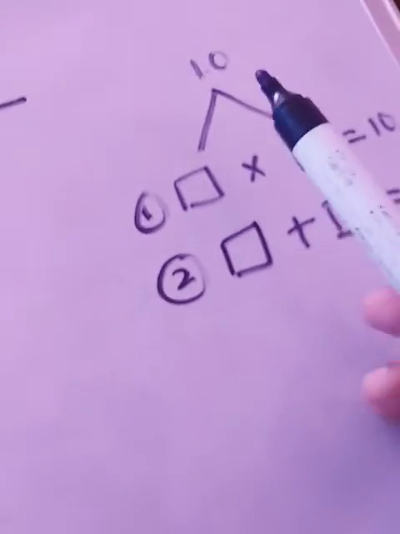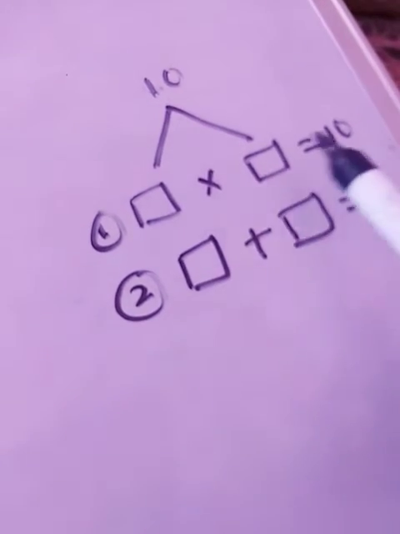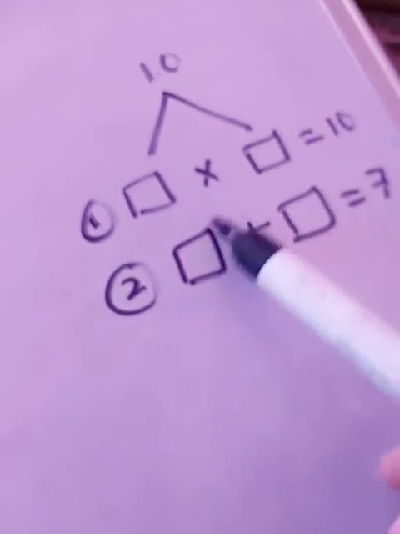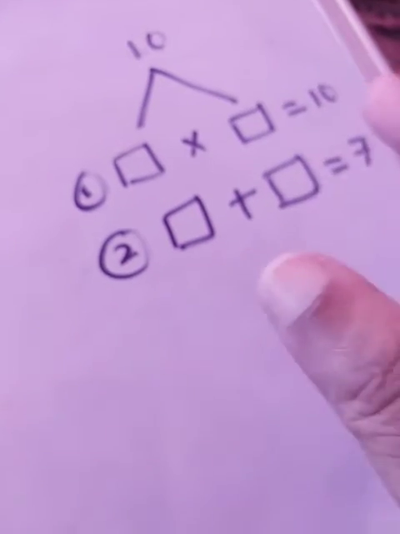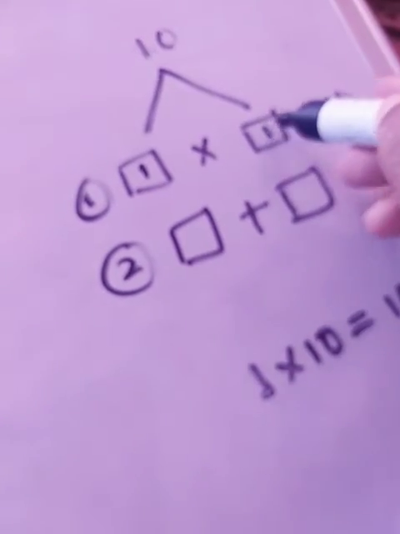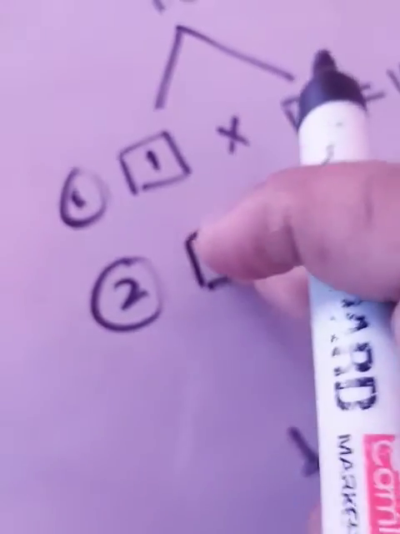So the product of the two numbers should be 10, and the sum should also be 7. Let's start with 1. 1 into 10 is 10, but 1 plus 10 is not 7. So these two numbers do not satisfy both conditions.